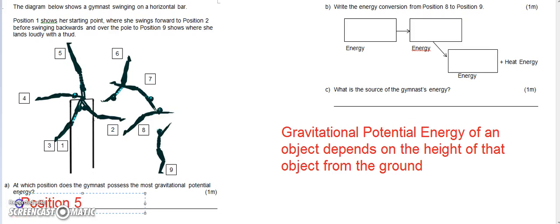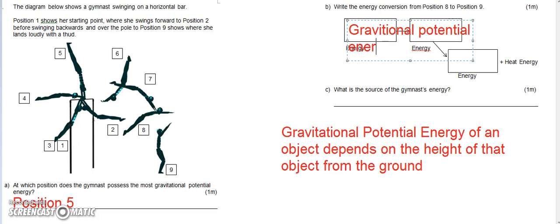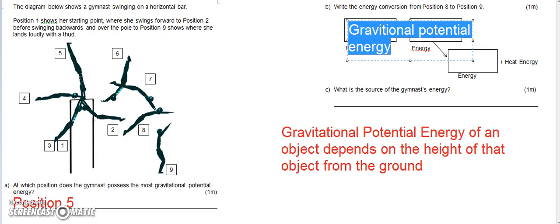Now write the energy conversion from position 8 to 9. So at 8, the gymnast is still further away from the ground. That means she still has gravitational potential energy.